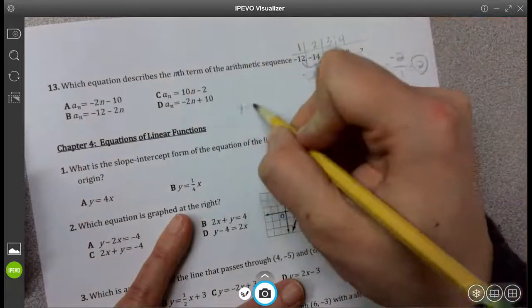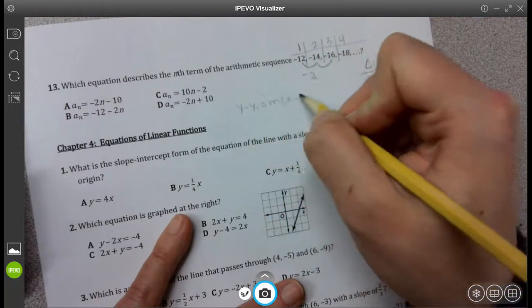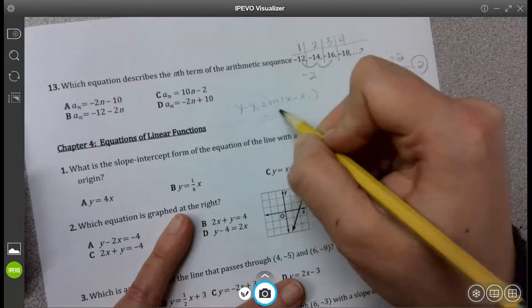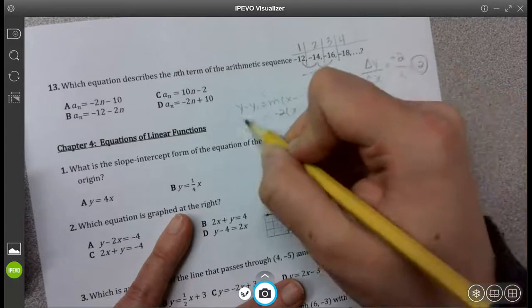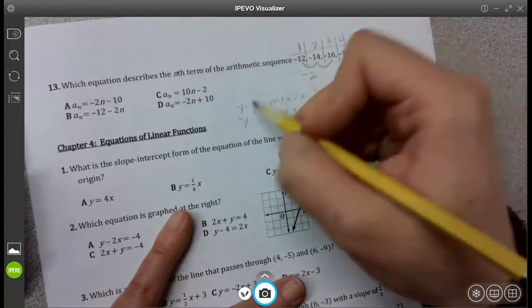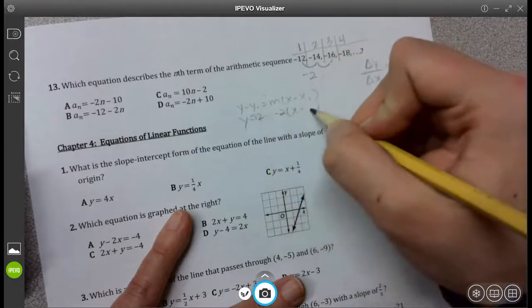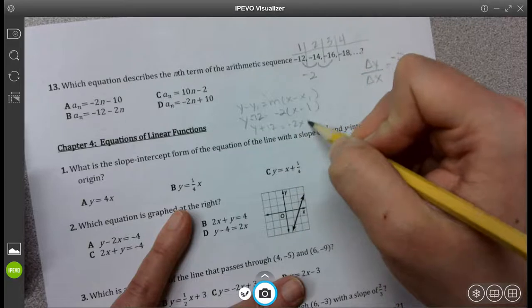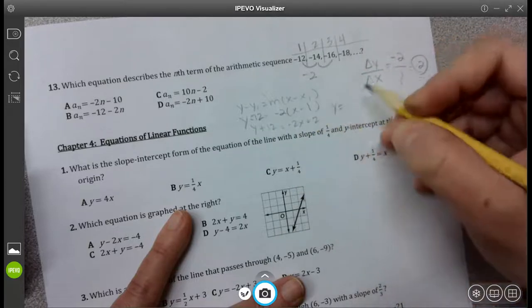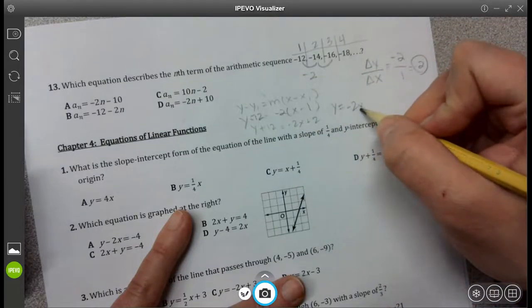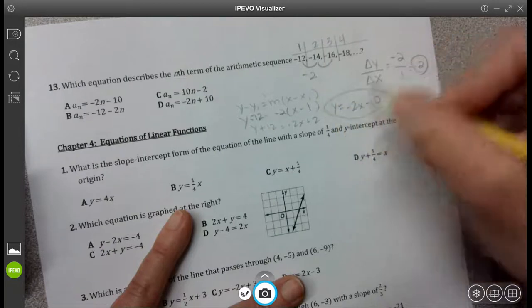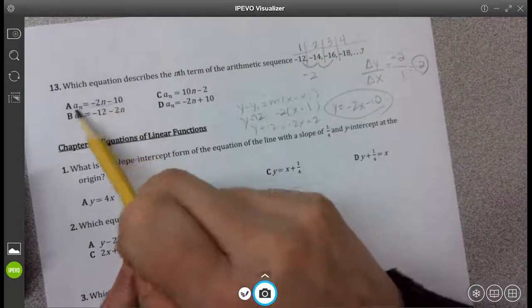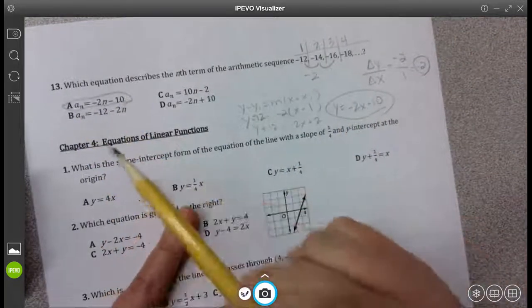So y minus y1 equals m times x minus x1. M is negative 2. Y is negative 12. X1 is 1. So y plus 12 equals negative 2x plus 2. Y equals negative 2x minus 10. Yep, A. They just have a different notation. I'm not worried about it.